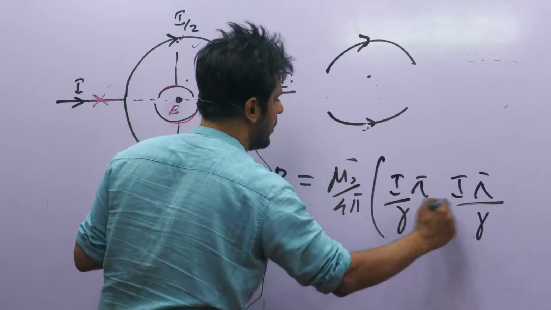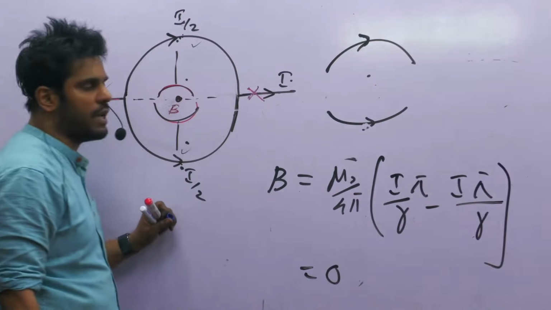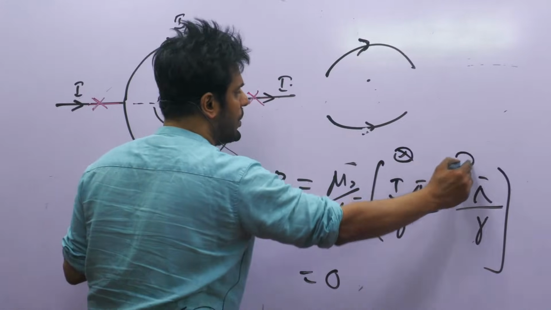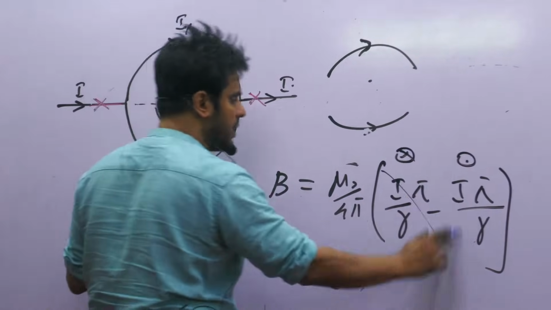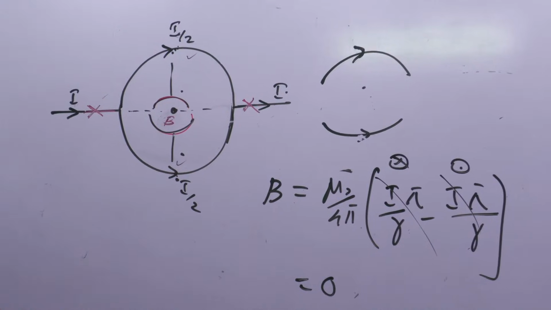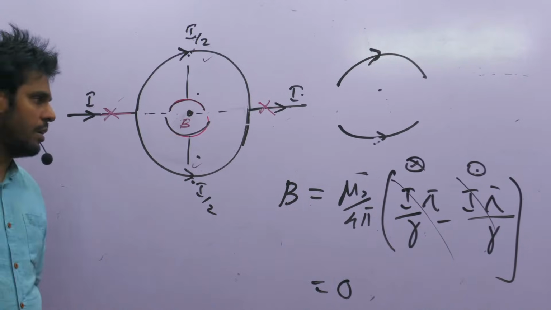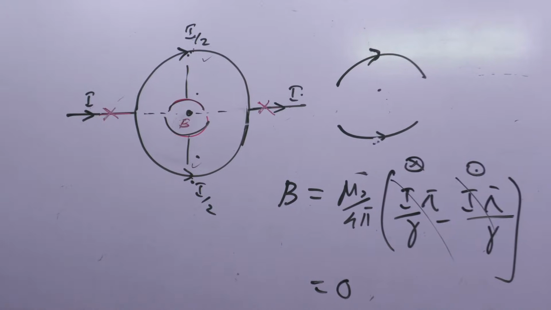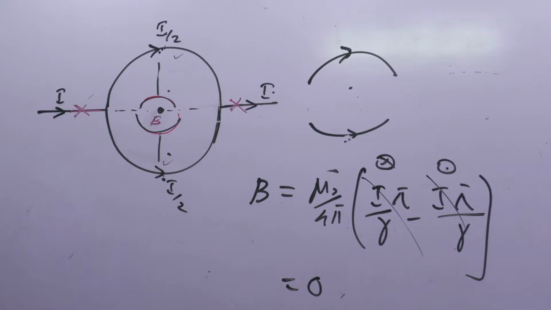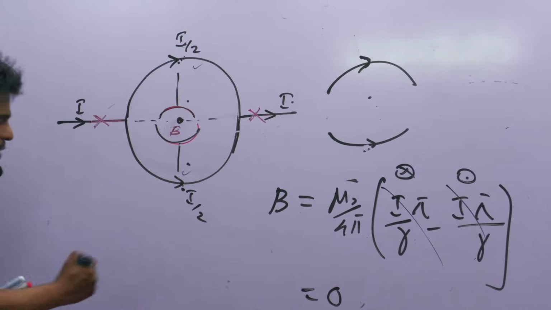Upper part plus below part, you can cancel them, so it is 0. Everyone do this one as a homework.